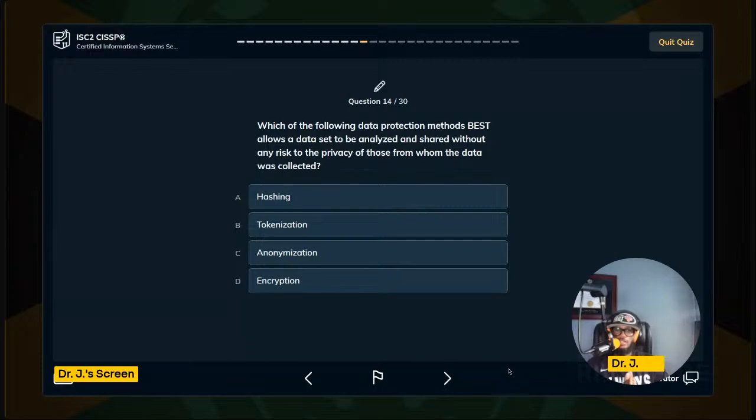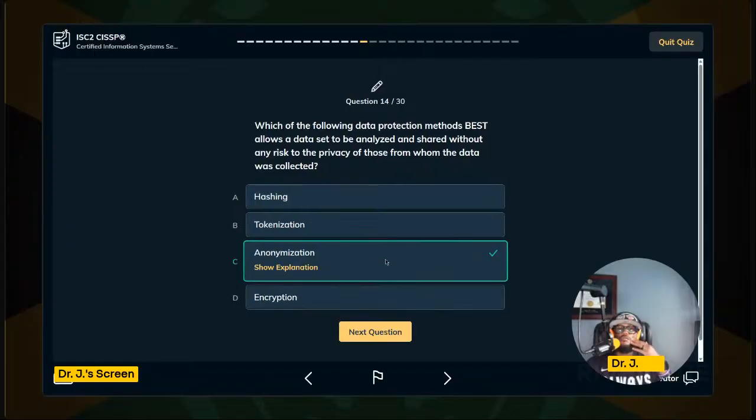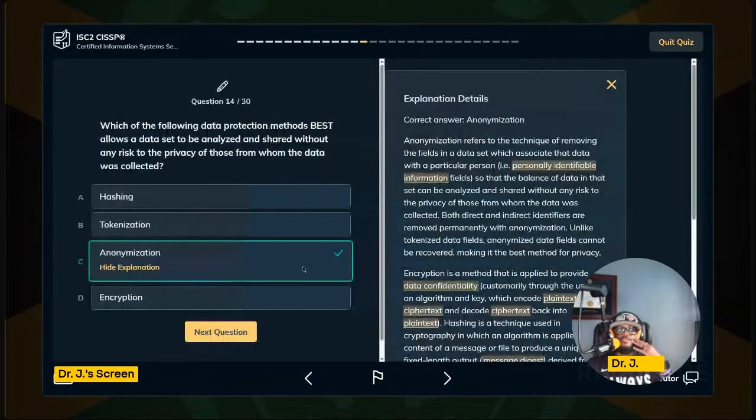I'm looking at Charlie. Encryption, while it's in the encrypted state, you're not going to be able to analyze it. Tokenization, no. Hashing, no, because hashing you're checking the integrity of the data, to see if anything changed. Yeah, this should be Charlie.